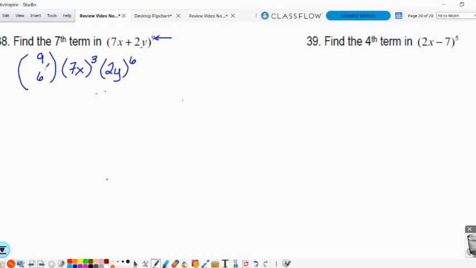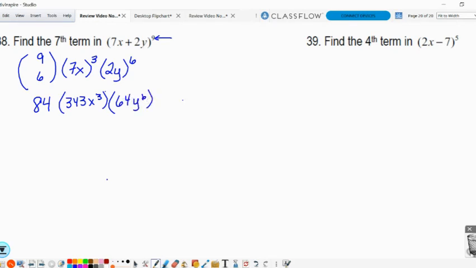So going to our calculator and doing our combination 9, choose 6 gives us 84. Then we're going to cube 7x to get 343 x cubed. And then 2y to the 6th power gives us 64y to the 6th.